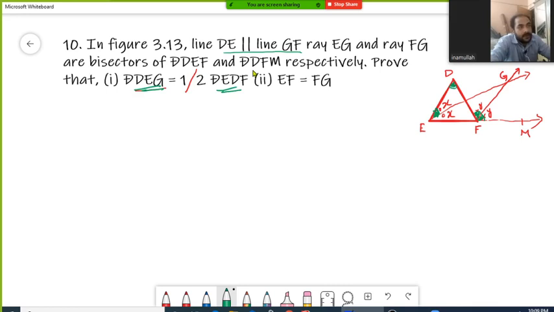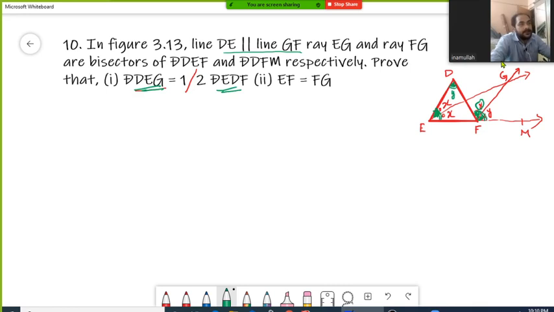This whole angle is equal with this y, this one. So I'll write one by one so you will understand. Look, this is already proved that this angle is equal with this. So here you can say this is y because this angle is of y, and this whole angle is equal with this whole angle.